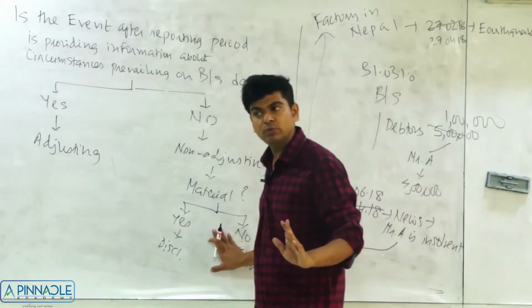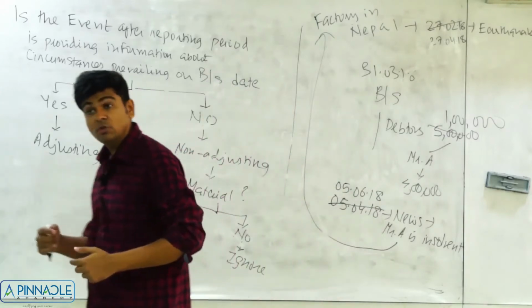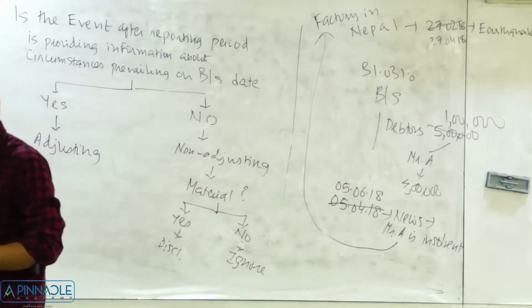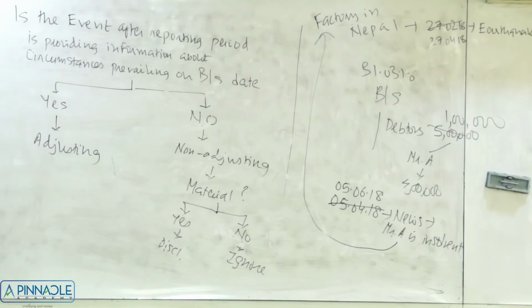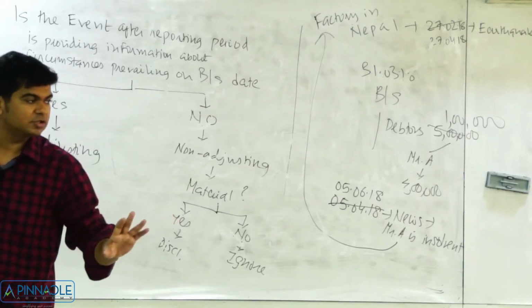Everyone fine with it? So just ask this question, were the circumstances prevailing on balance sheet date? Many a times, or I would say most of the times, when we prepare the balance sheet, there are certain assumptions which are made, and on the basis of those assumptions we prepare our financial statements.